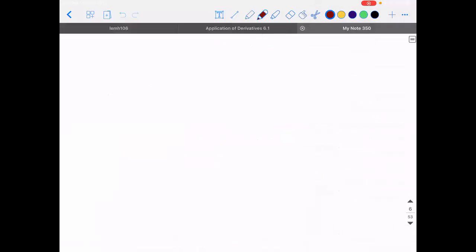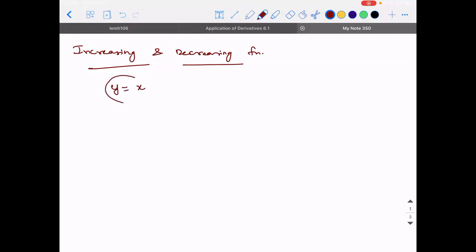Let's try to understand what an increasing and decreasing function means. Let's say the given function is y is equal to x. Then how does this graph look like?